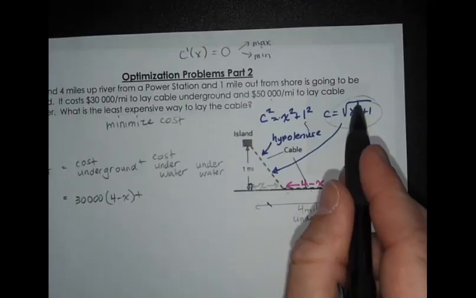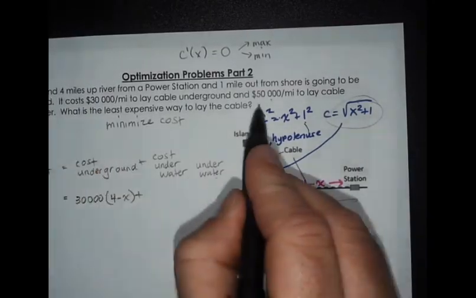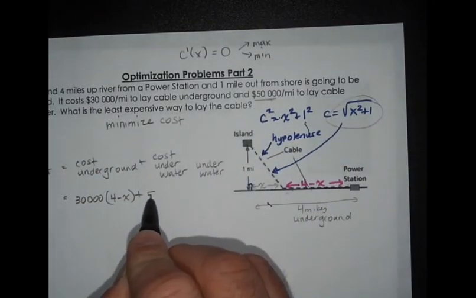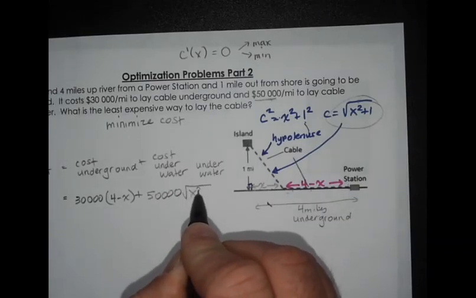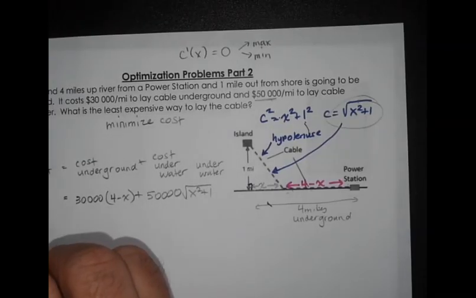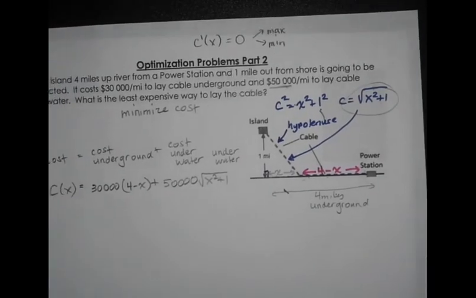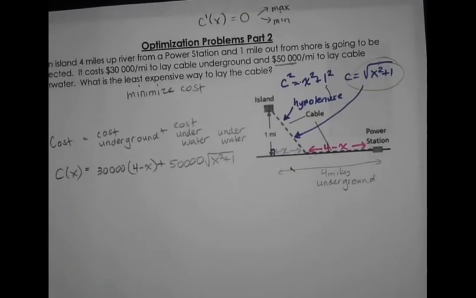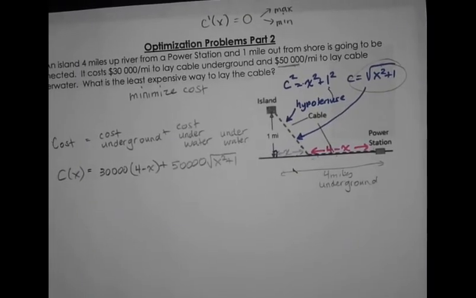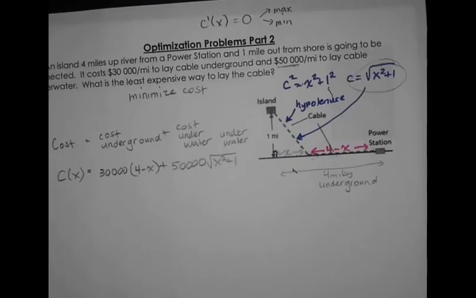That distance is the square root of x squared plus 1, and we're going to multiply it by 50,000. So let's call that C of x. And then from there, we're going to get these in the right form so that we can do the derivative.